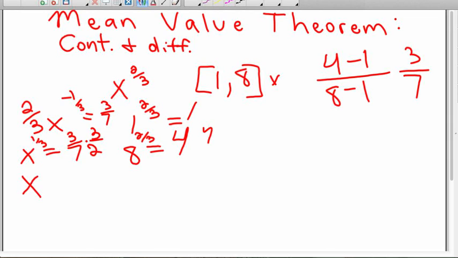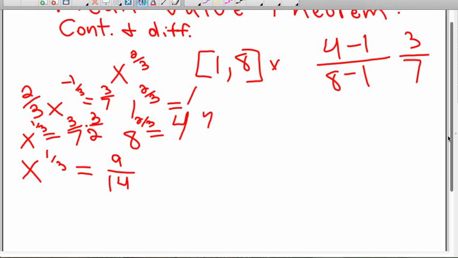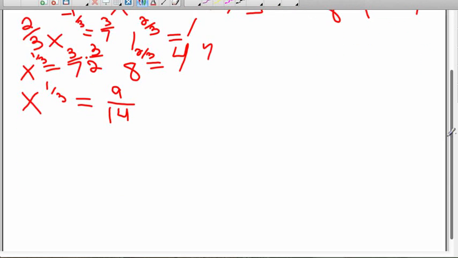You sure this works out nicely? Cube them both. Let me cube 9/14 real quick. You cube the top and the bottom separately, right?